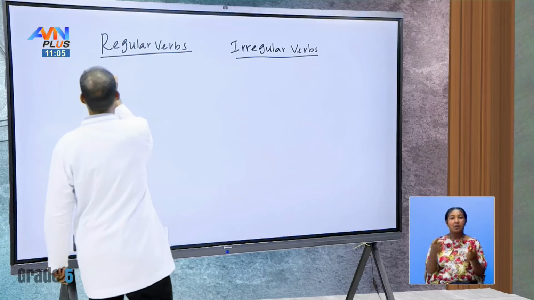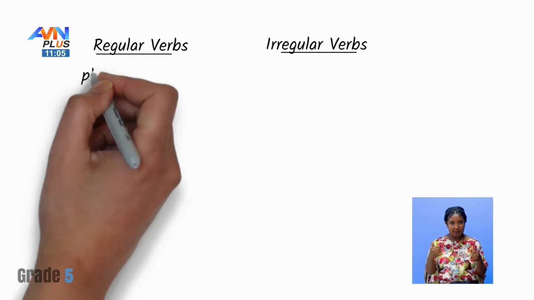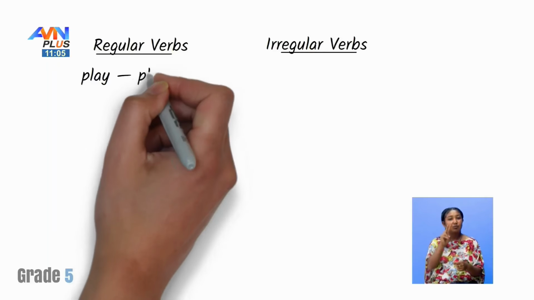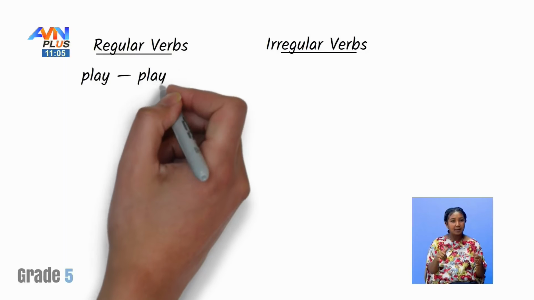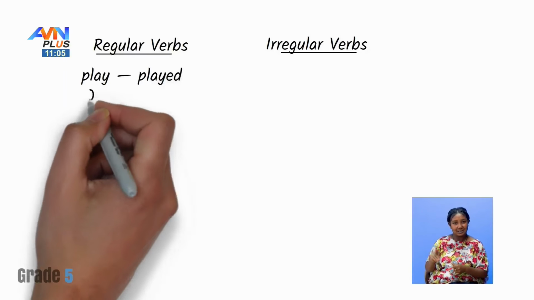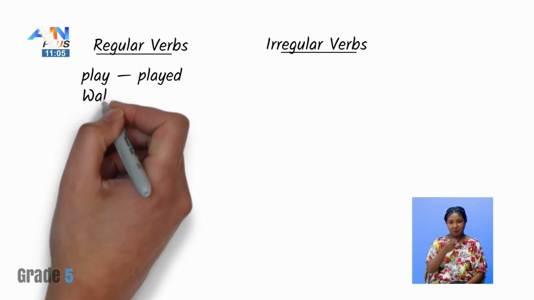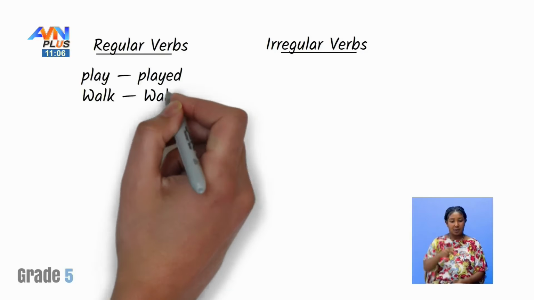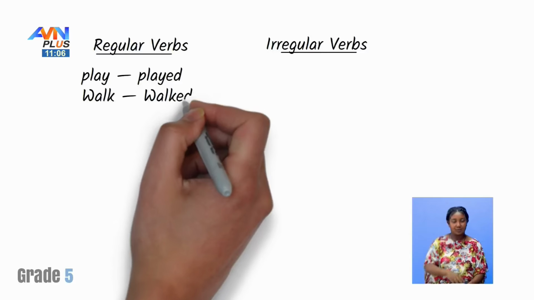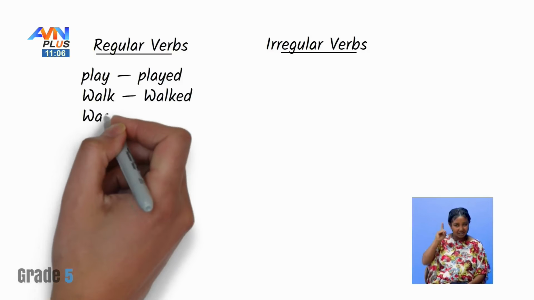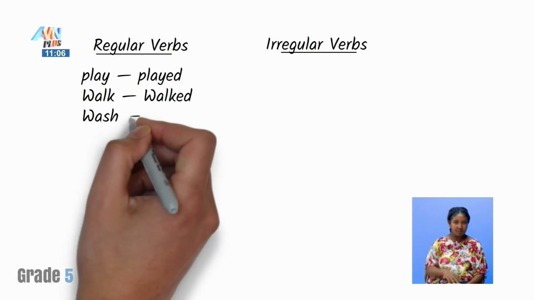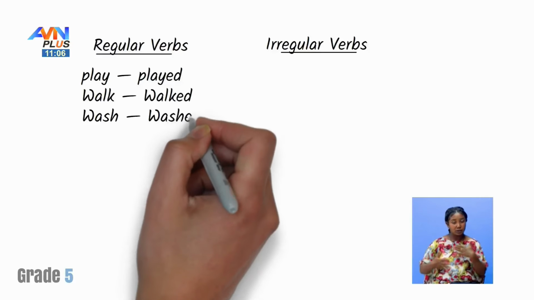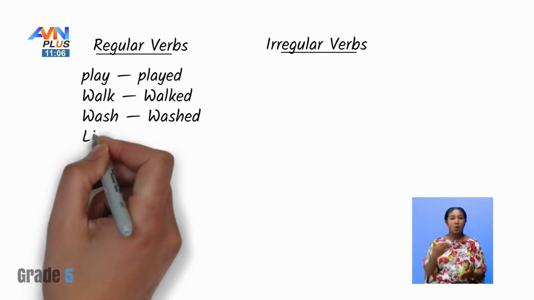When we say play, then the verb 2 form of play is played. Look. Played. Walk. Walked. Wash. Washed.